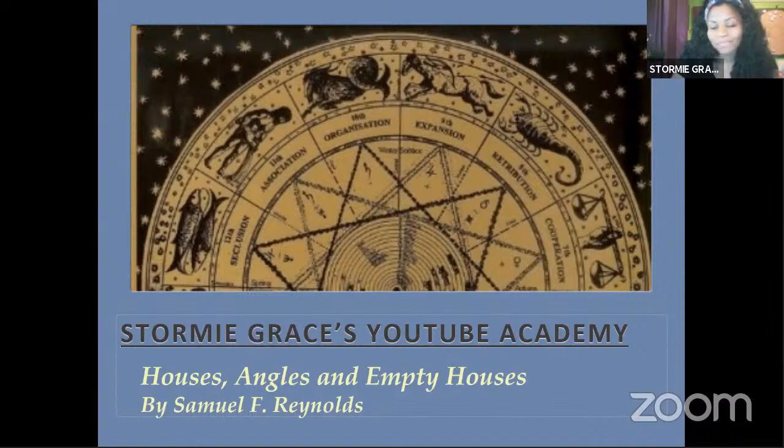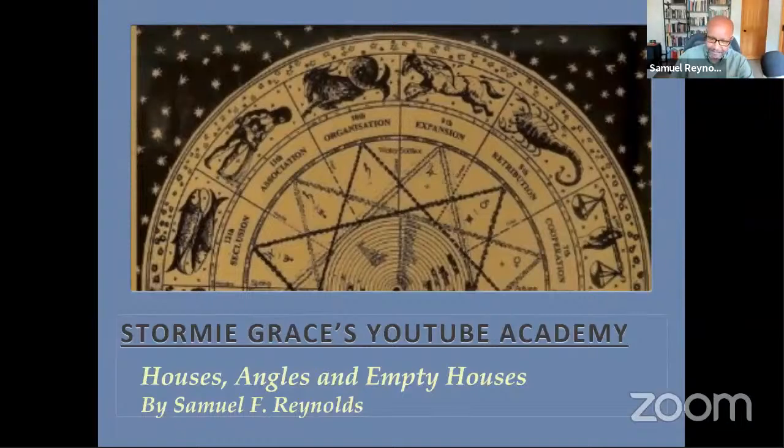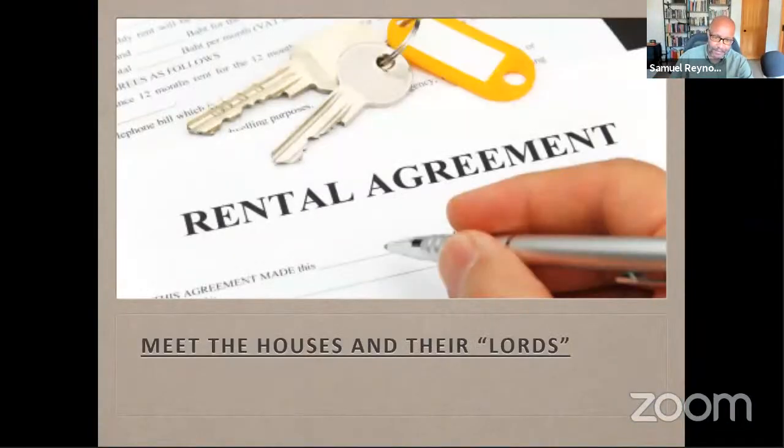So Sam, what's the plan today? What do you got for us? So the plan is to get into talking about the business of houses and rulership, which is going to tie in, even though the focus is going to be on angles. I am also going to talk about the intermediate cusps, which will include the succedent houses and the cadent houses. And then also to answer the question about which house system do I use.